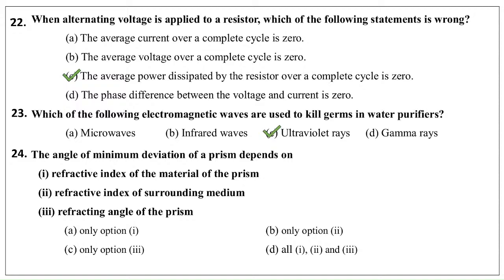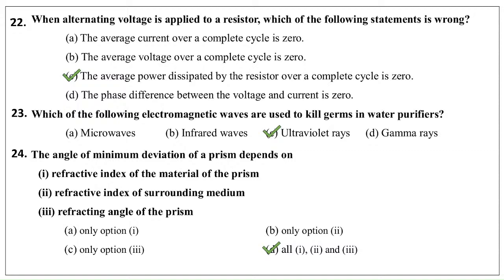Next. 24. The angle of minimum deviation of a prism depends on. Answer is D. All. That is, it depends on refractive index of the material of the prism, refractive index of surrounding medium, refracting angle of the prism.